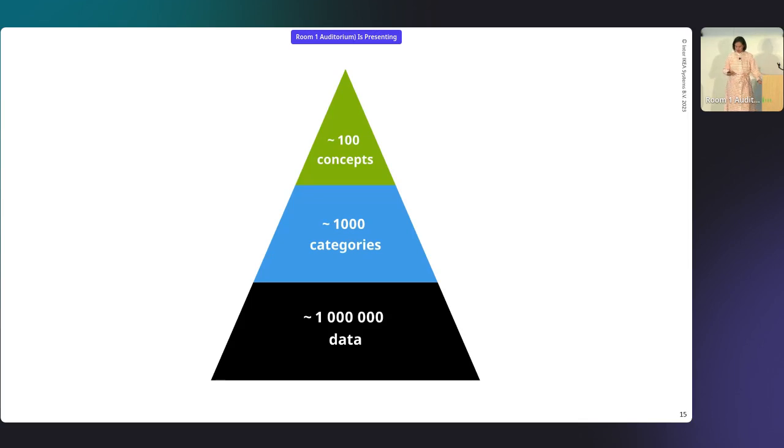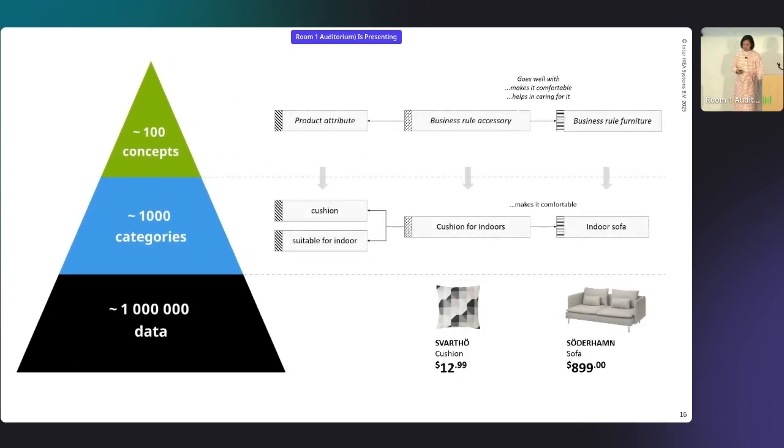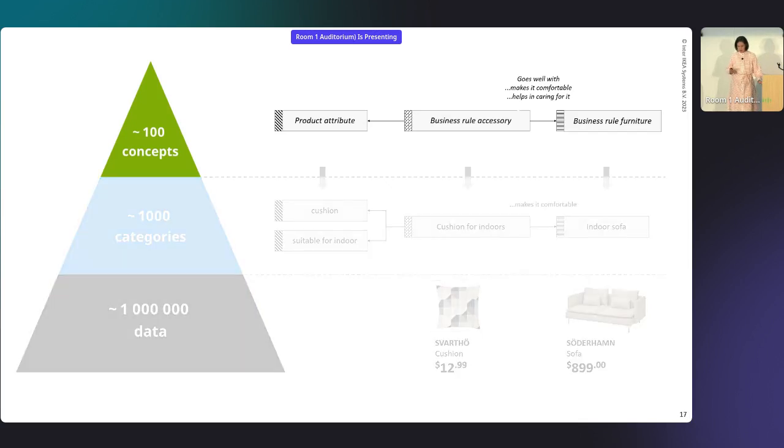So in IKEA and for the business rule definition, it translates something like this. On the first layer, the green top layer, we are capturing that we have product attributes.